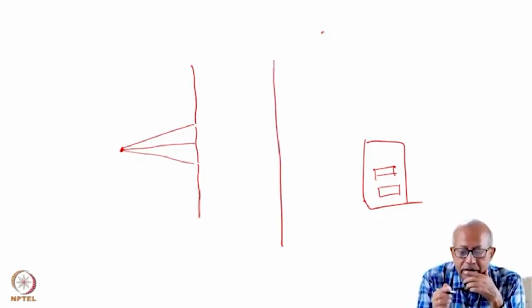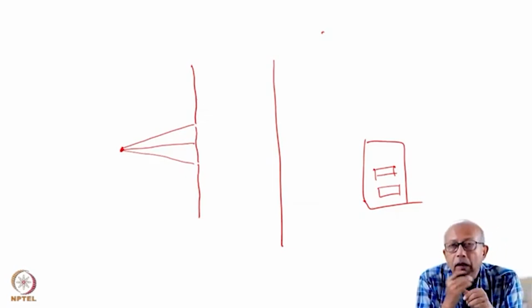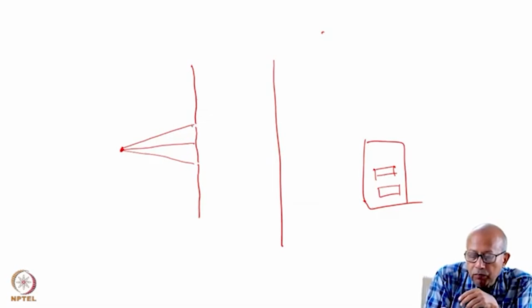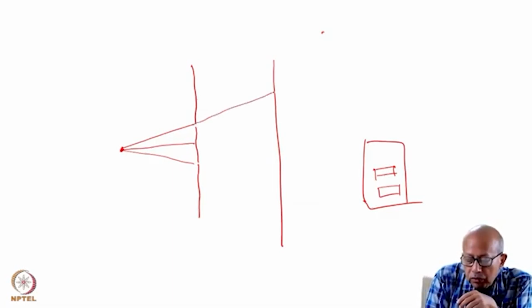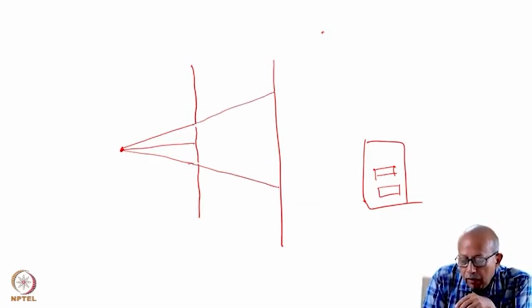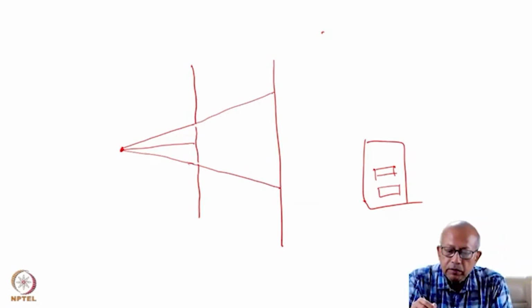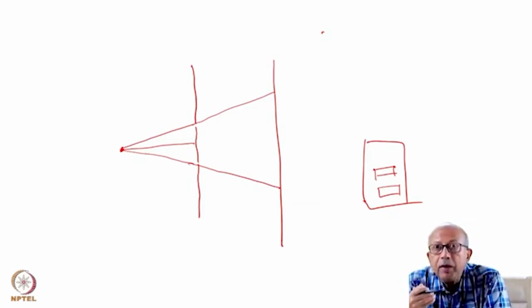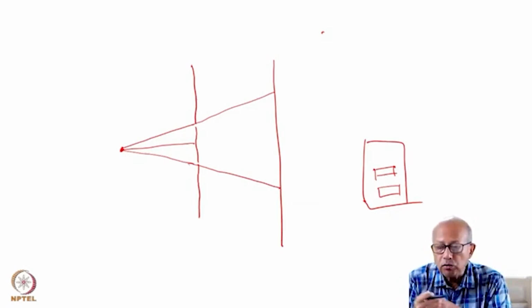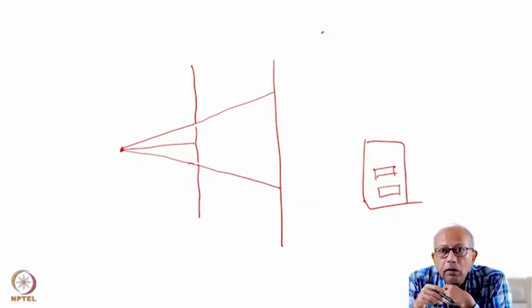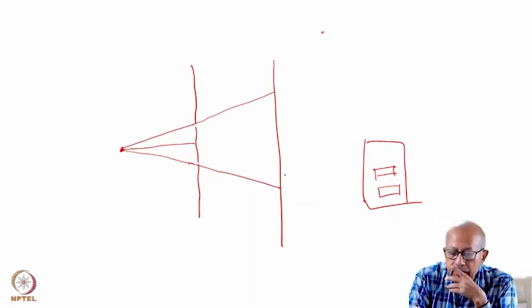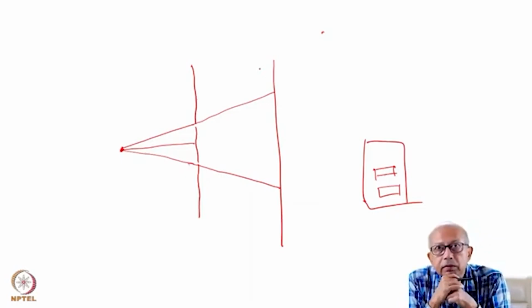Now, if light were to behave as particles, then it would obviously leak through the two slits and reach these two regions of the screen, creating bright spots or bright stripes. And light would not be able to reach any other place on this viewing screen if light were to behave as particles.